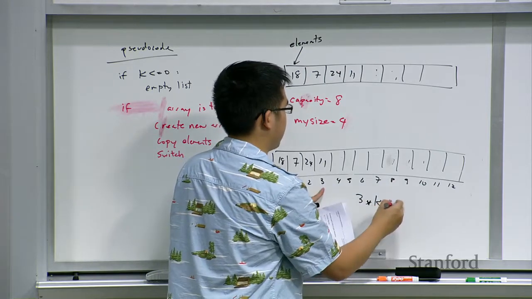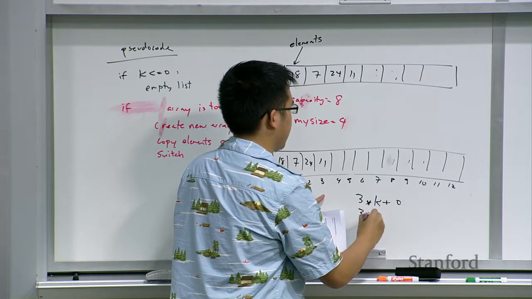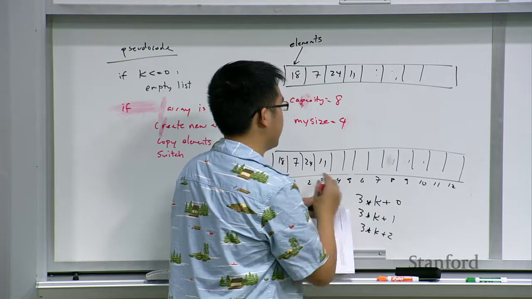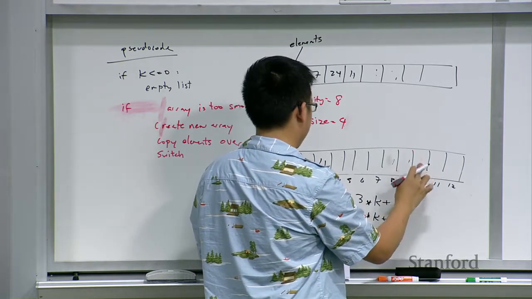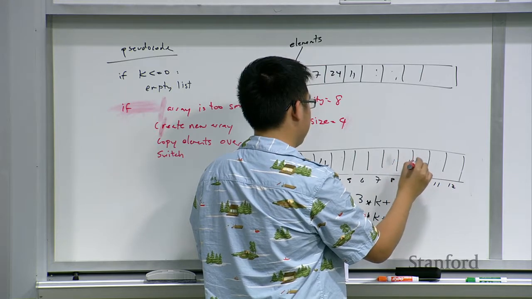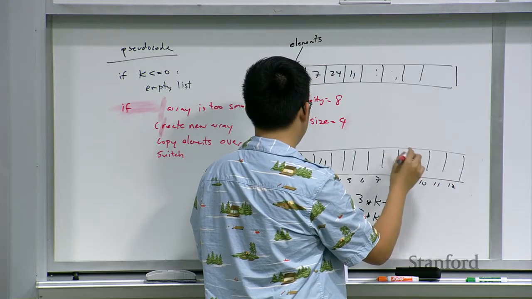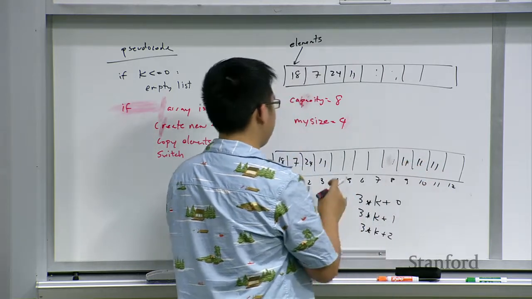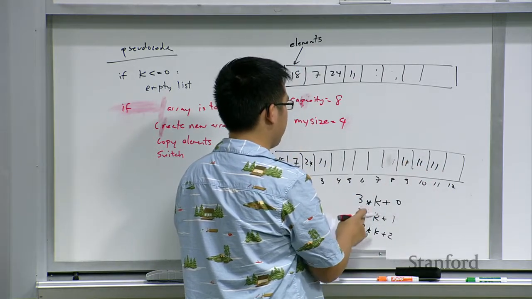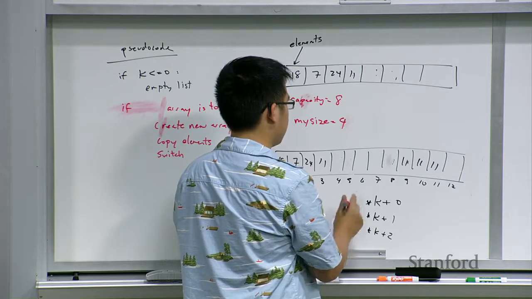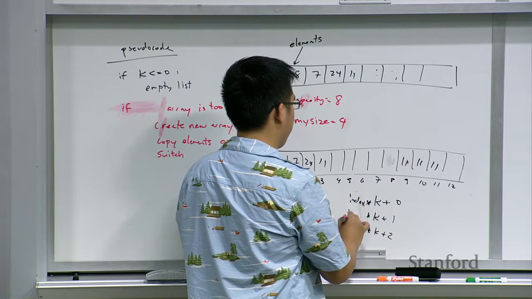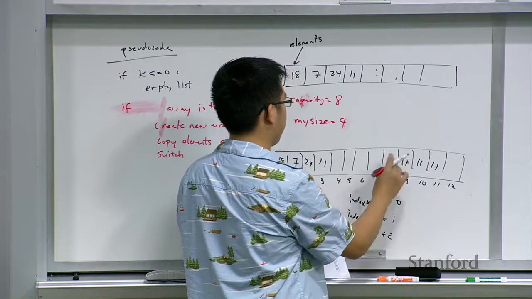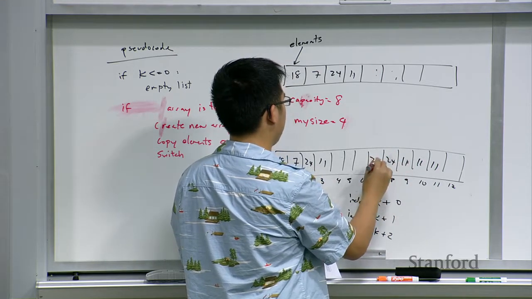Here we want to stretch to 3 times k, 3 times k plus 1, and 3 times k plus 2. Okay, k here is 3, so we want to put it at indices 9, 10, 11: 11, 11, 11. Same here for the 2. Instead of 3, we put 2 over here, so this is index times 3, so we put 24, 24, 24.